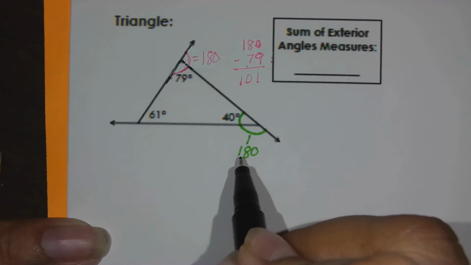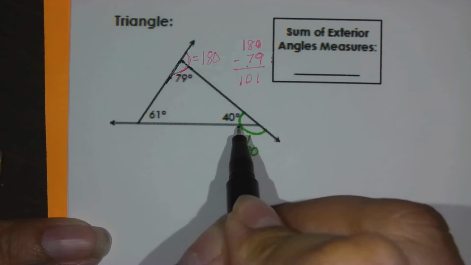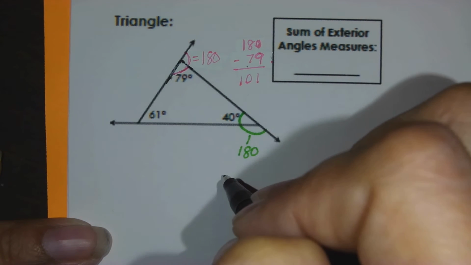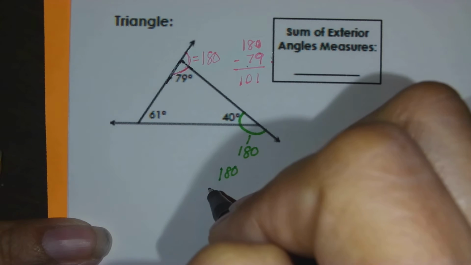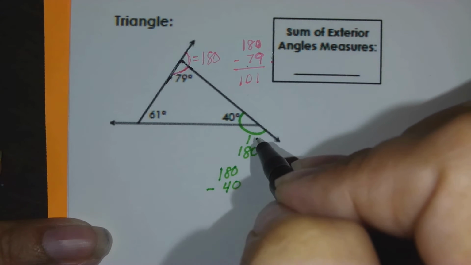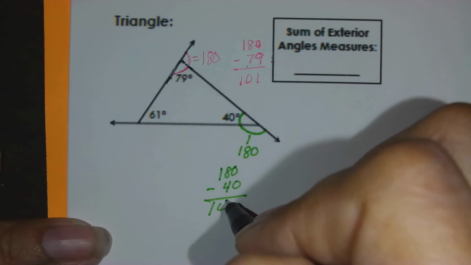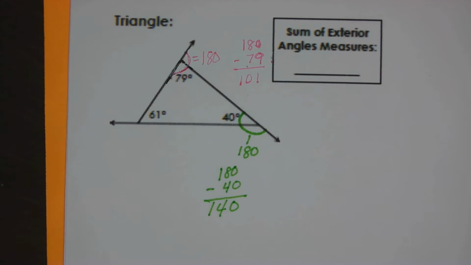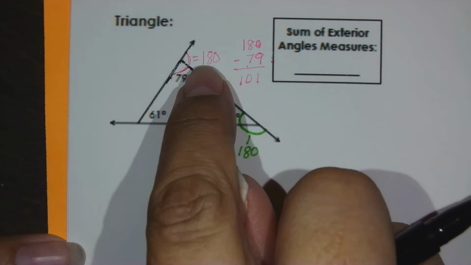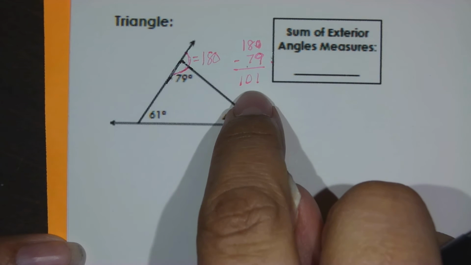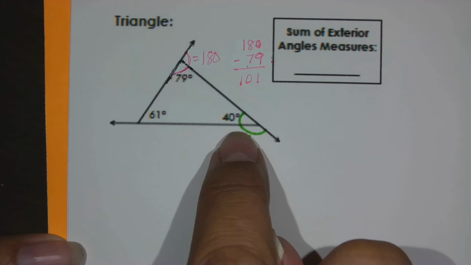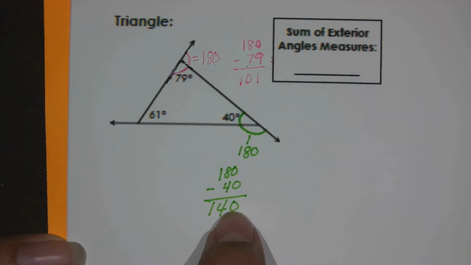So we have 180 degrees created by these two angles. We're going to take the 180 and subtract the 40 to get the angle on the outside, the exterior angle. That's going to give us 140 degrees. So we have one exterior angle that's 101 degrees, and another exterior angle that's 140 degrees.